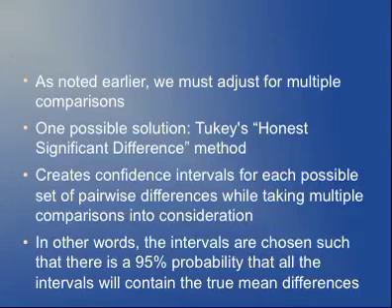It basically creates confidence intervals for each possible set of pairwise differences while taking into account the multiple comparisons. These intervals are chosen such that there's a 95% probability that they'll contain all the true mean differences, so you don't have to worry about the multiple comparisons problem.